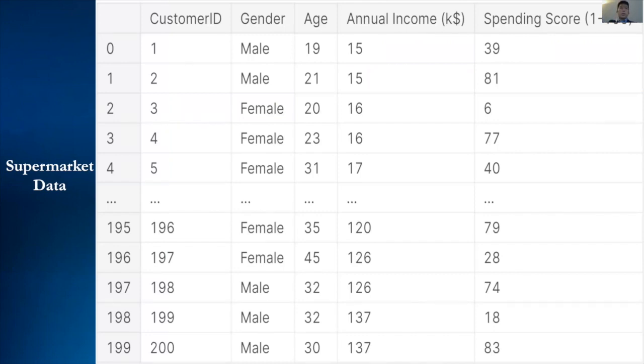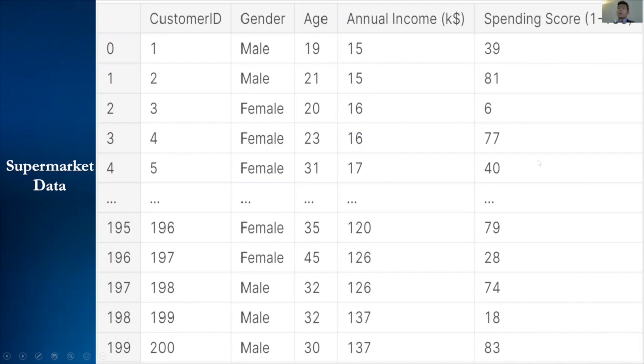And here is supermarket data that I found in a public data set. Here, the data has customer ID, gender, age, annual income, and spending score.